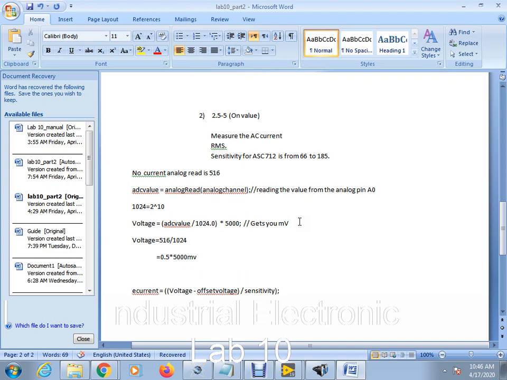So 0.5 into 5, the value is 2.5. This is the offset value when there is no current. The value is 2.5.